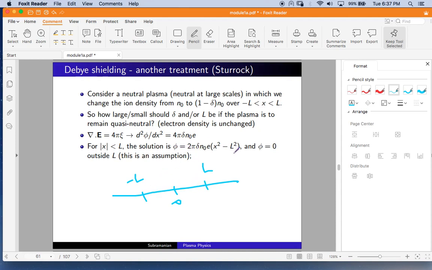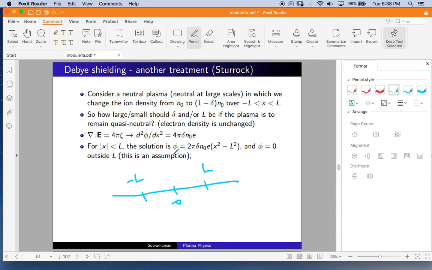The x squared minus L squared simply arises from the boundary condition that phi is equal to 0. We evacuated only this region, and therefore only this region experiences a potential, and outside of that, there's no change in potential. That would be the boundary condition, and you can check that when you put x equals L, this gives 0.